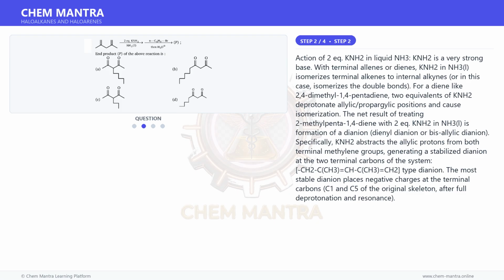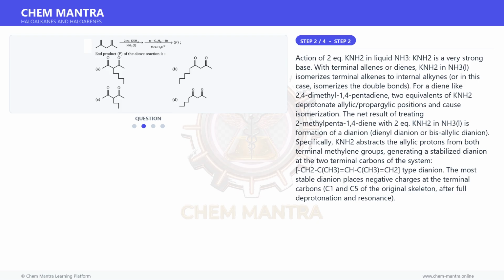2-methylpenta-1,4-diene with 2 equivalents of KNH2 in NH3 is formation of a dianion, a dienyl dianion or bisallylic dianion. Specifically, KNH2 abstracts the allylic protons from both terminal methylene groups, generating a stabilized dianion at the two terminal carbons of the system, a CH2-C(CH3)=CH-C(CH3)=CH2 type dianion.